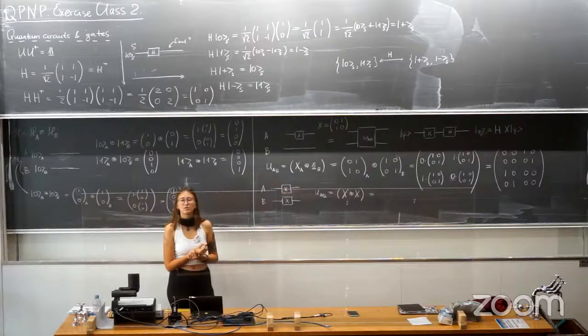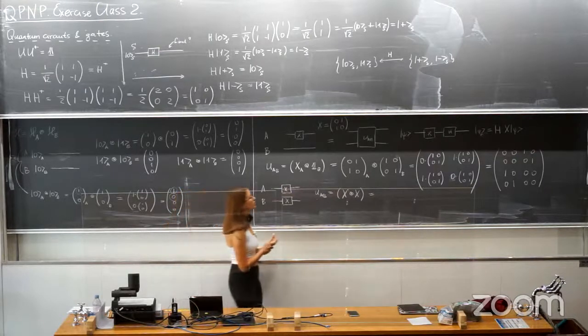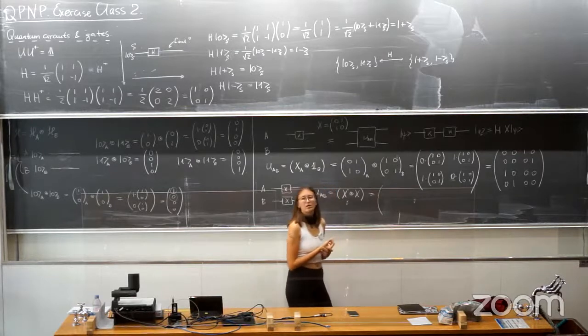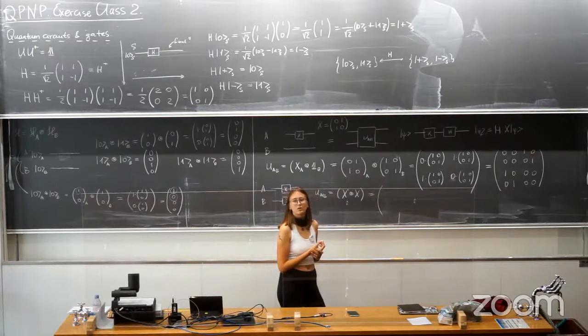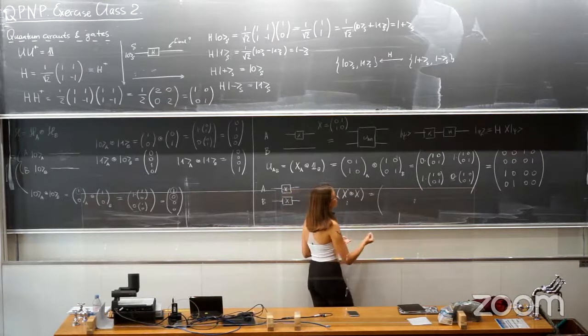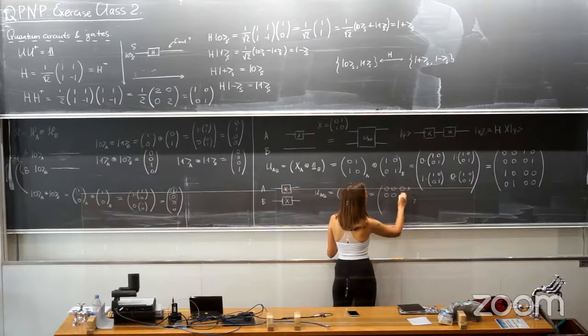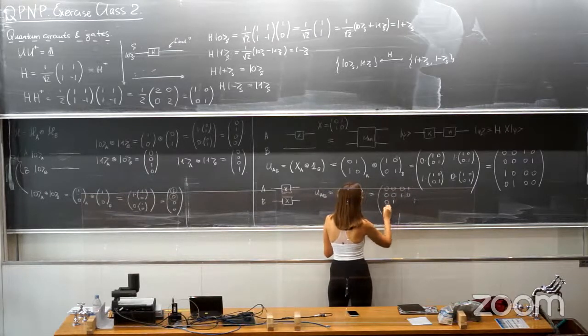It's basically the same as the previous matrix, except the ones and zeros are on the other diagonal.